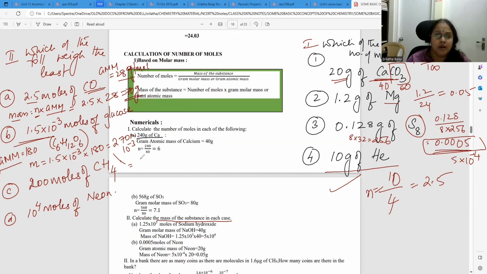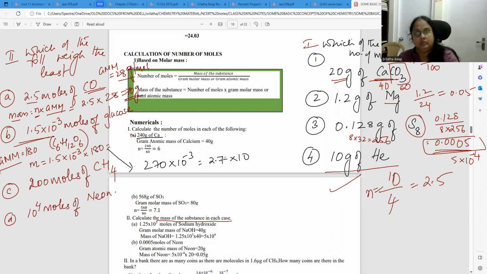See, if you're writing the number as 270, I'll rewrite this here, into 10 power minus 3. That means you will have to place the decimal after 2. So you should get 2.7 into how much? 10 power minus 5. How? 270 means don't you shift the decimal 2 places to the left now? Yes, ma'am.